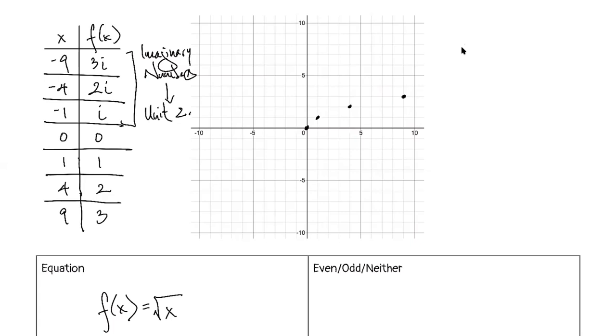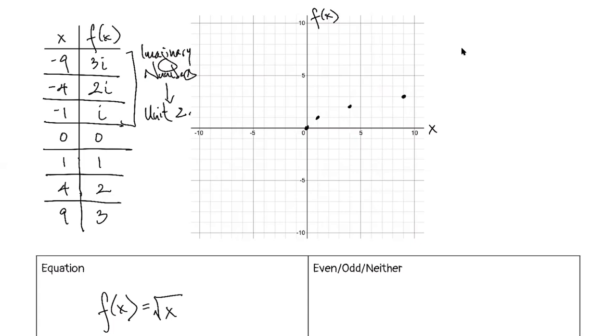And one thing that Natalia said in the chat was that we cannot plot imaginary numbers on a real plane. So we have x and we have f of x, and we consider those to be real. So I can't actually plot i and 2i and 3i. Okay. Yeah, Brian, how could you?